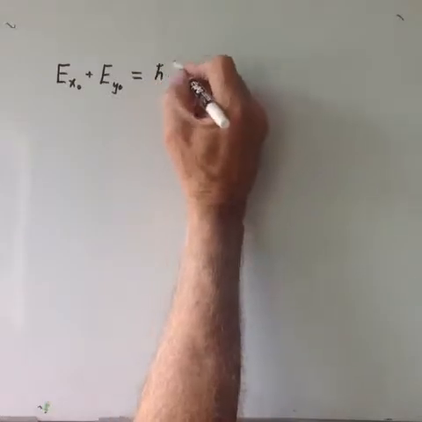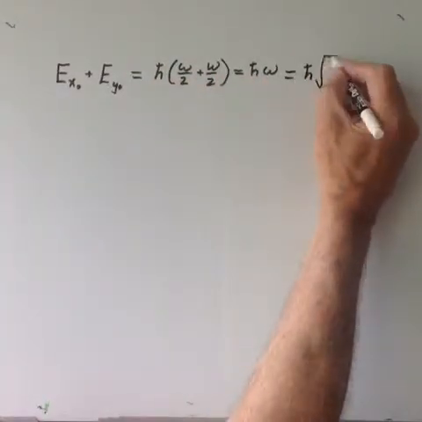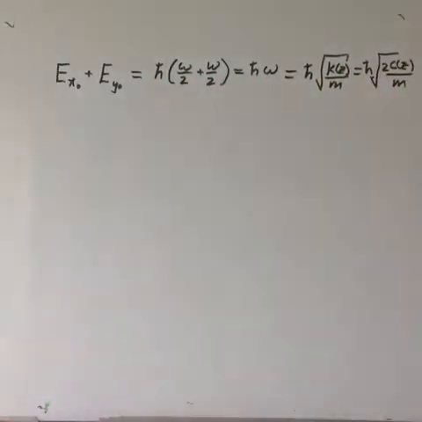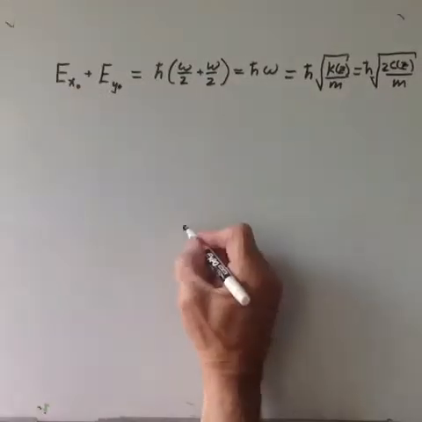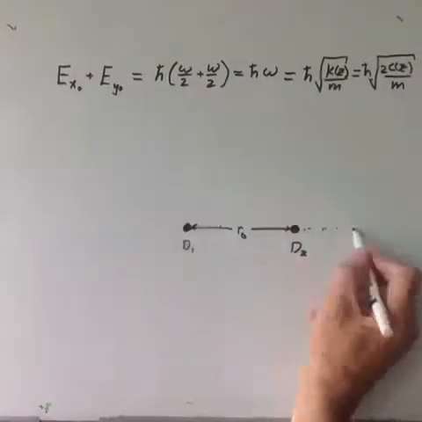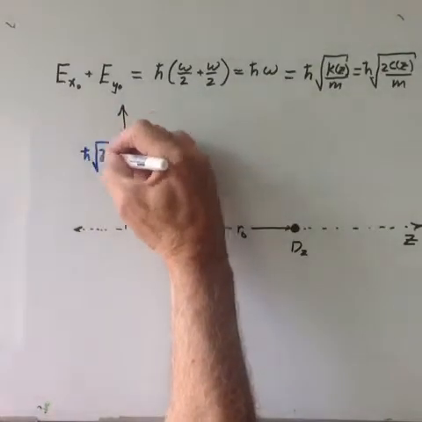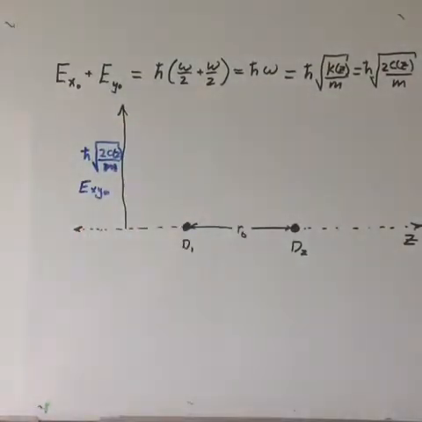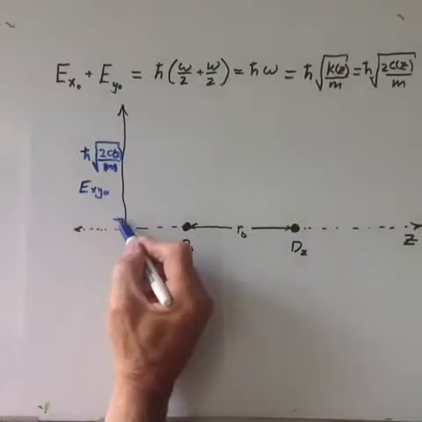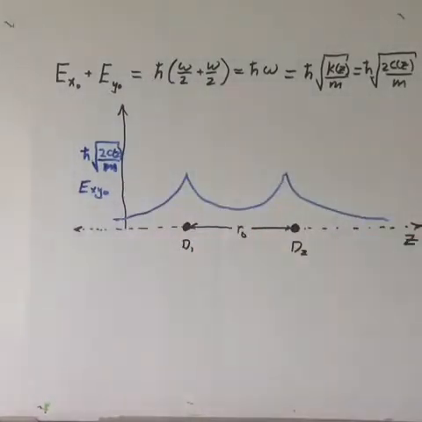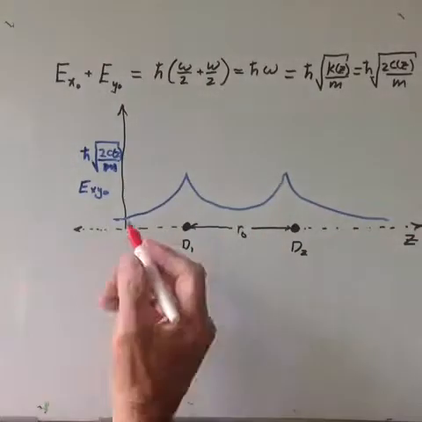The n-adjusted Ex plus Ey is a straightforward square root function of the force constant at z, derived from the Taylor expansion. If we choose a deuteron separation, say R0, the unadjusted xy energy will look something like this along the z-axis through the deuterons.